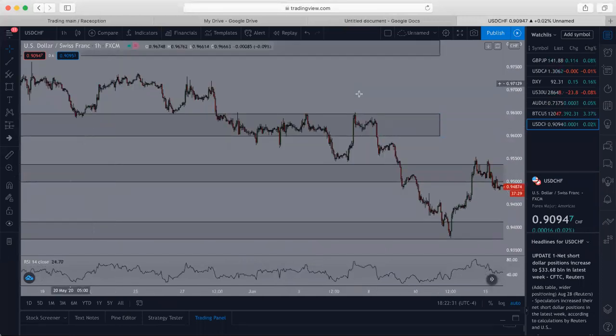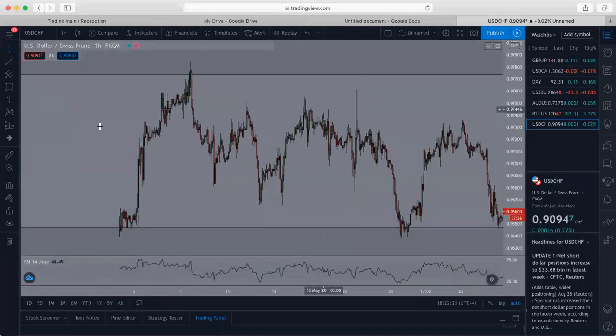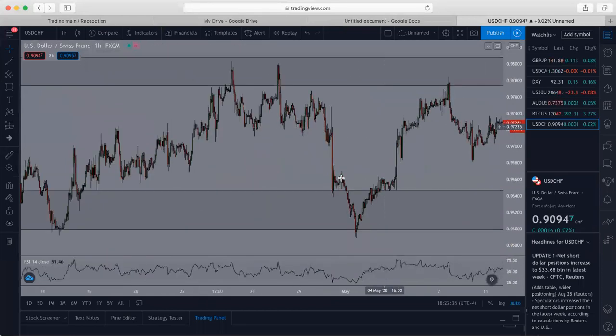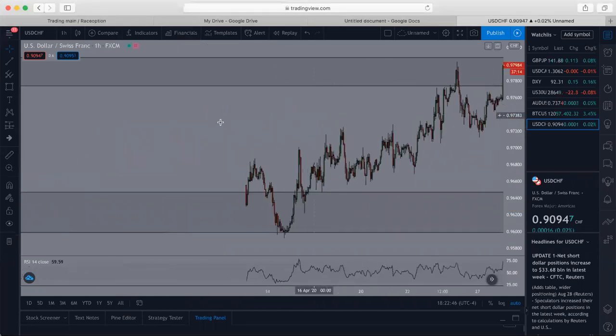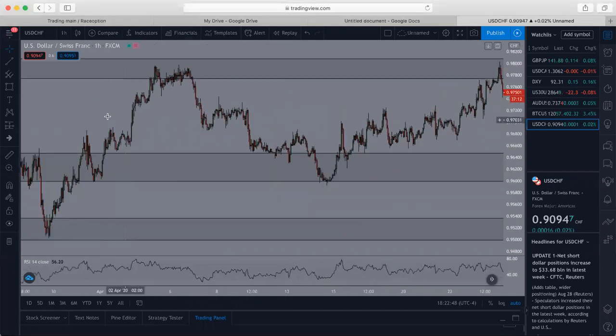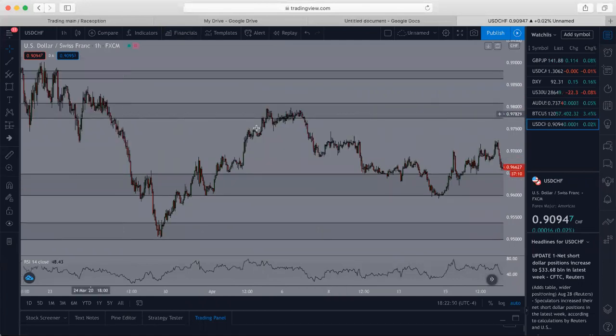Let me see, because I do remember seeing one. Let me see. This is a pretty clean head and shoulders as well. Inverse: shoulder, head, shoulder. So it's really just literally going back in the market like how we're doing right now and just looking for the head and shoulders or the chart patterns.